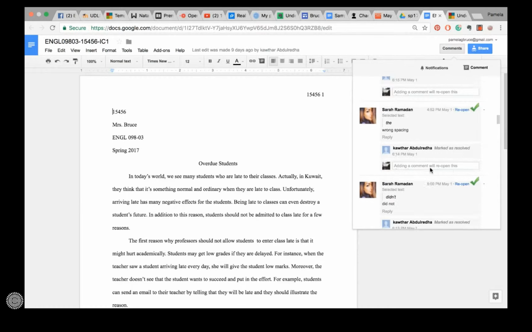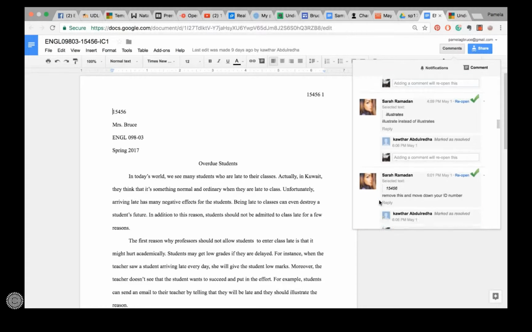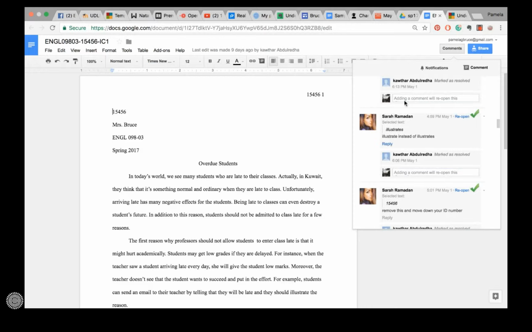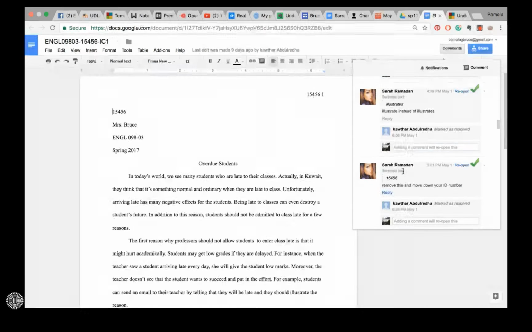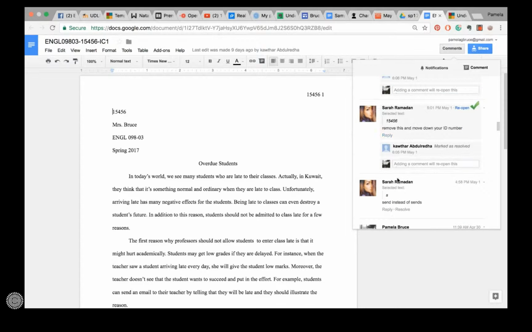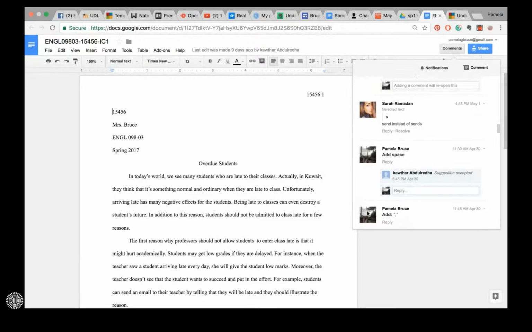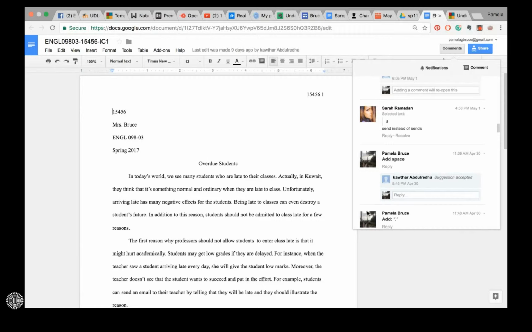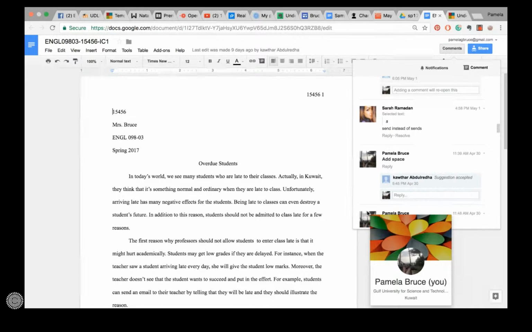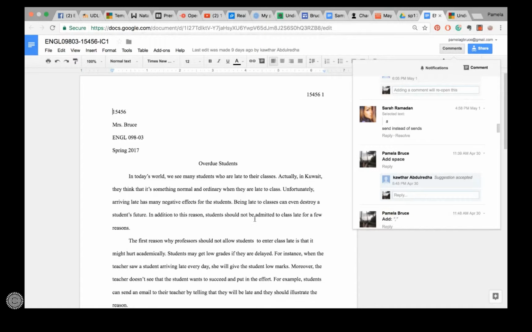And so as a result, the peers also go in and help to identify problem areas as well. My theory on that is that if they're able to find problem areas in their classmates' work, then they should be able to find those problem areas in their work as well.